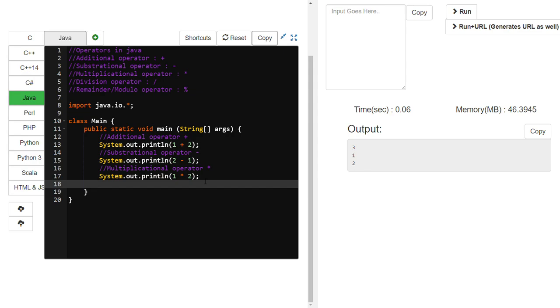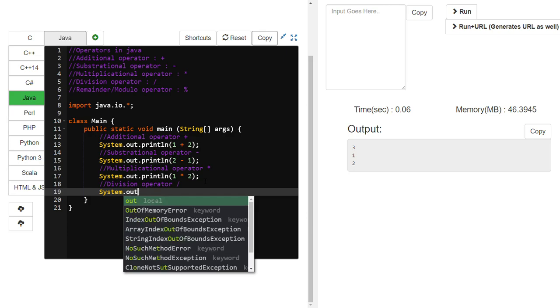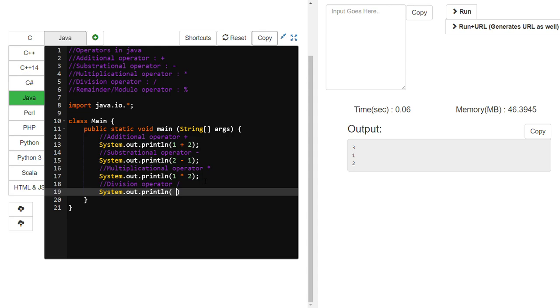Then division operator. 1 divided by 2. The real output is 0.5, but 1 and 2 are integers, so it generates only without decimal values. 0 is generated.